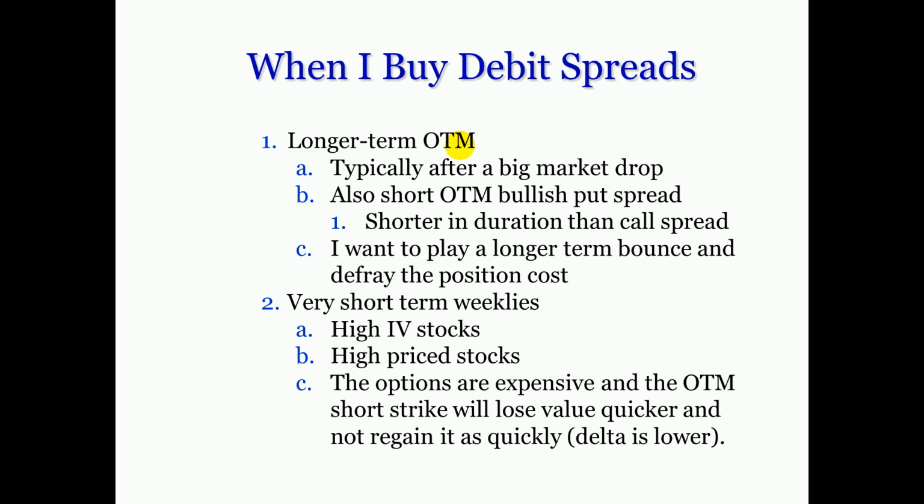Once you get your consistency up, you get your market analysis skills down, you get your stock picking skills down, those are the most important things. Once you have those down, then you can start to go into some option premium strategies. But if I had to put a number on it, I'd say I'm probably a buyer of options maybe 10% of the time and a seller of options about 90% of the time.